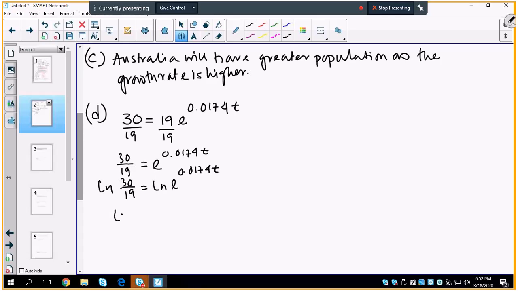In fact, I can do one more step if you don't understand. Remember, these cancel, so you get 0.0174t. Divide both sides by 0.0174, and that will tell you t. So let's calculate that.